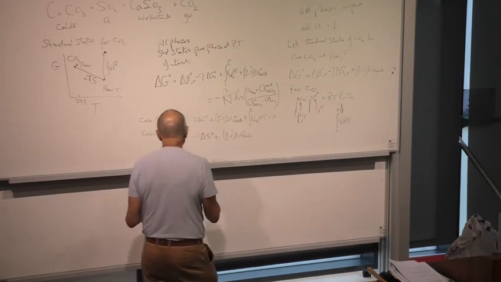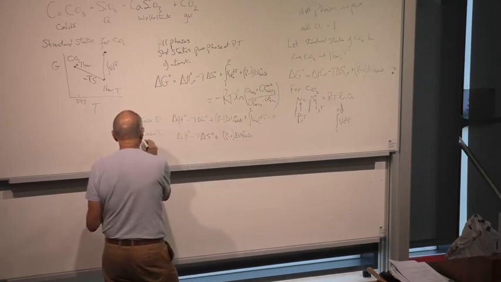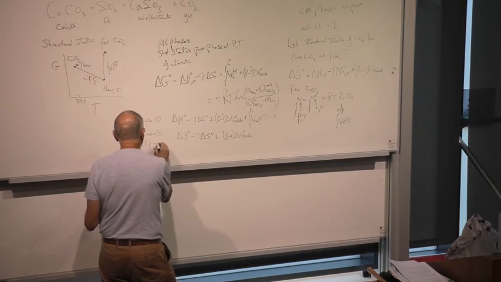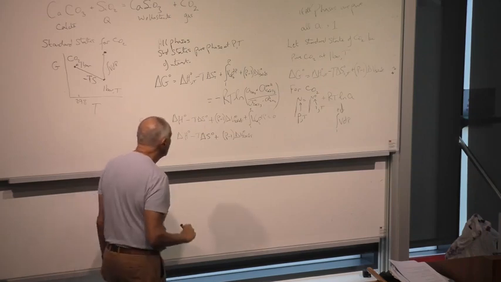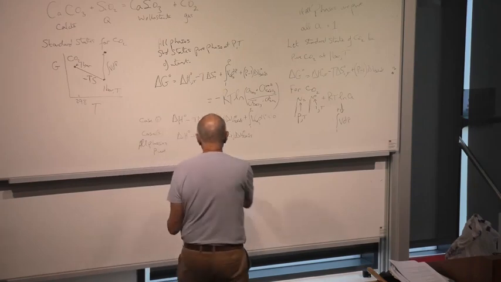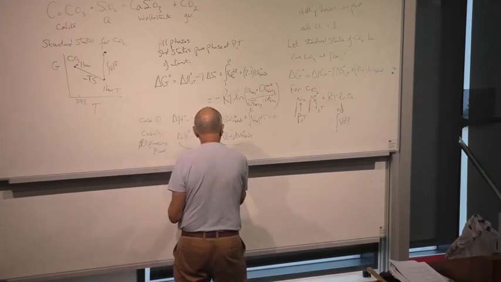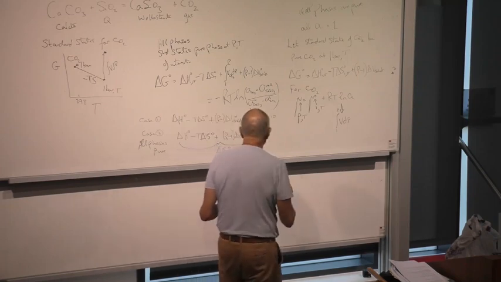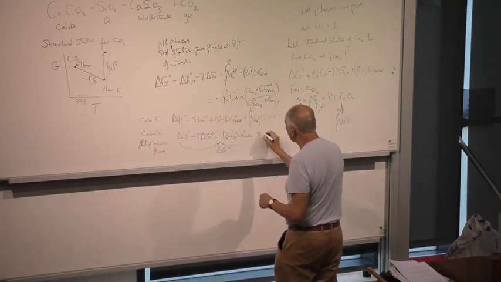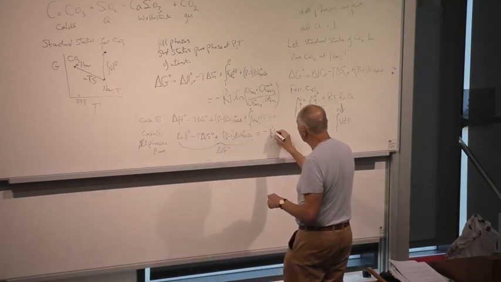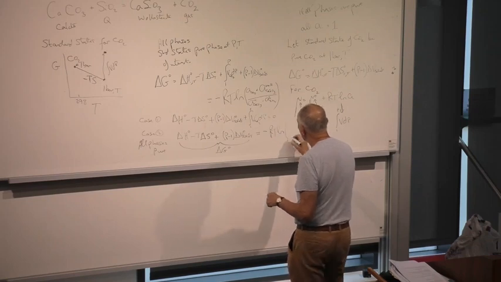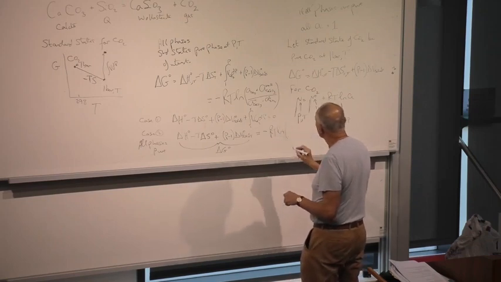So if all phases are pure, that's our delta G0. And that equals minus RT ln activity.